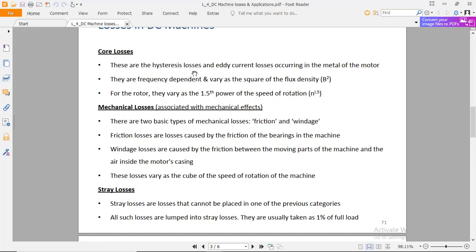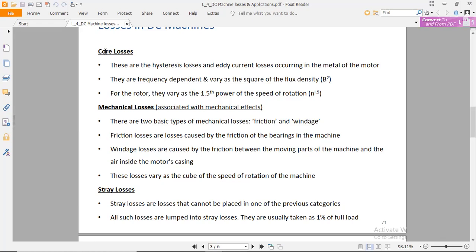That is why the hysteresis effect is only produced in the core of the field winding or the armature side.